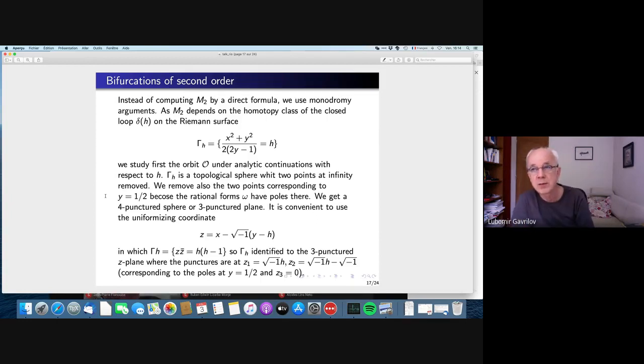So a sphere with 4 removed points is the same as a plane with 3 removed points. It is enough to take a uniformizing variable, as we do here, z equal to x plus, you see the formula, and you get a plane, and we shall translate the study of our analytic function into a function on this plane.